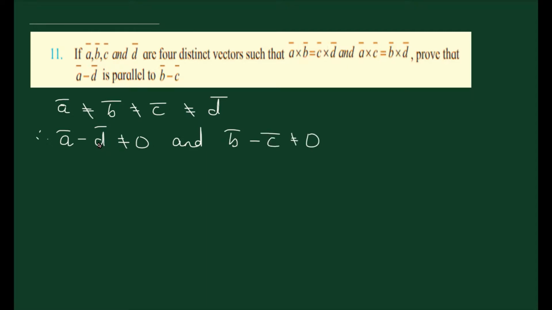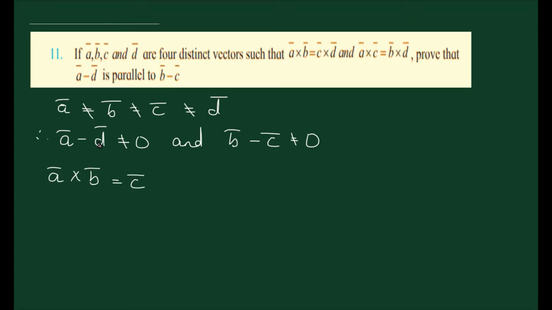So when we find the cross product as 0 for these two vectors, it is not because A minus D is 0; these are non-zero vectors. So their cross product being zero can only mean one thing, that they are parallel to each other. Remember this.